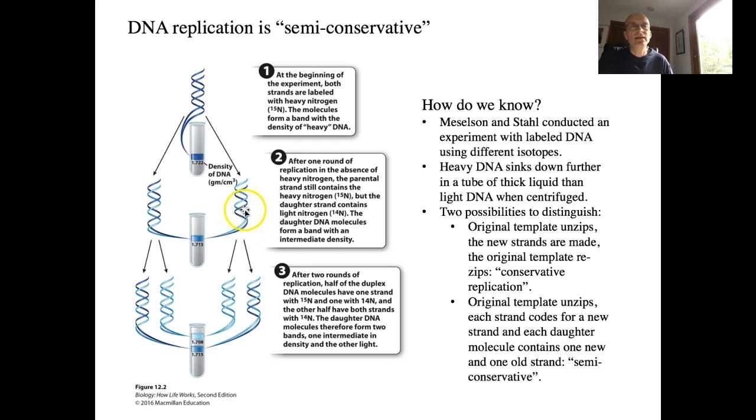So you see the dark and the light blue molecules here, signifying that. The daughter DNA molecules form a band with an intermediate density. So what that means is that once they did this experiment, they then took aliquots out and they centrifuged them. So they put them in these centrifuge tubes and they put it in a medium that is thick, like a thick liquid.